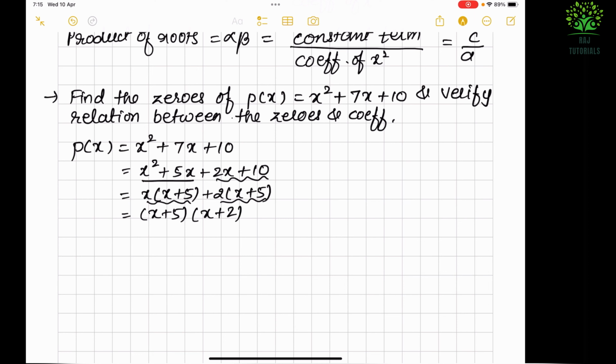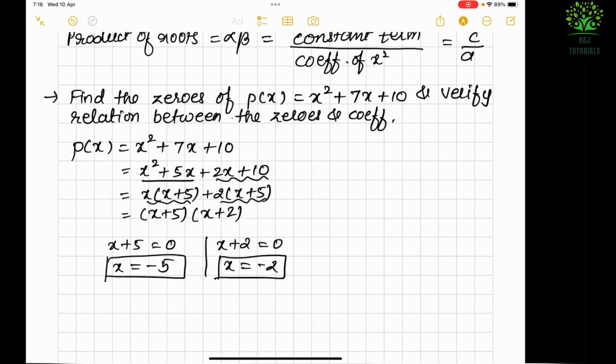So now I can say either x plus 5 equal to 0, so x will be equal to minus 5, or x plus 2 equal to 0, so x will be minus 2. So these are nothing but the roots of the polynomial. So I can say here alpha is minus 5 and beta is minus 2.